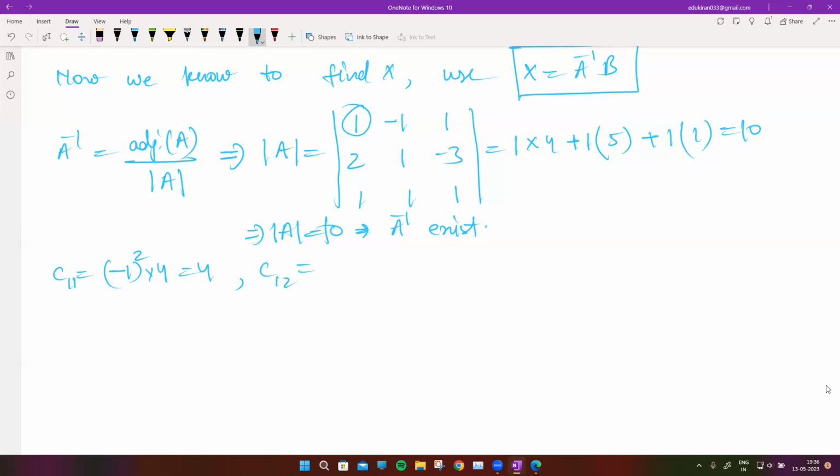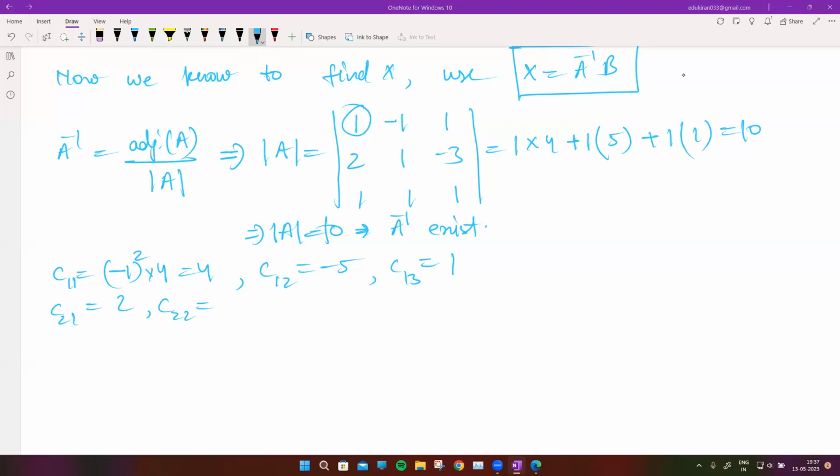The answer is 4. I am writing the other values directly. So this would be minus 5. C13 would be 1. Then C21 would be 2. C22 would be... You guys also check, please. Everyone solve this with me, because it might be possible that I'm wrong. So everybody has to check. And a greater possibility exists that you will be wrong.